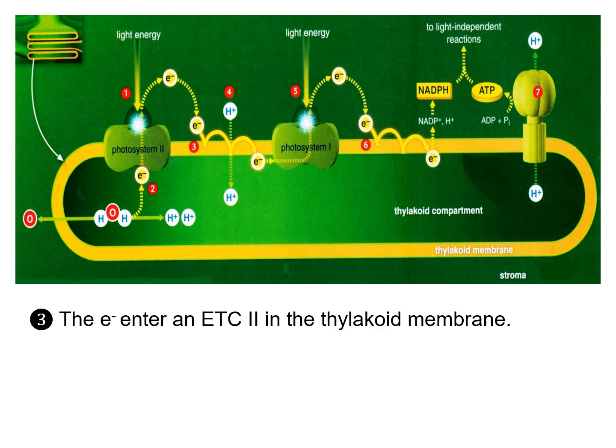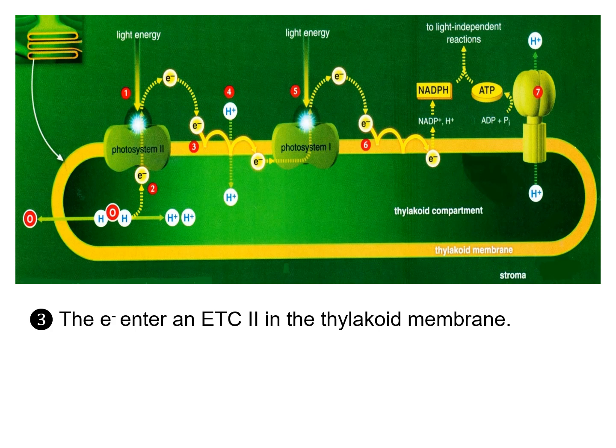And now, the electron which was ejected from photosystem 2 will enter electron transport chain 2, which is also in the thylakoid membrane.